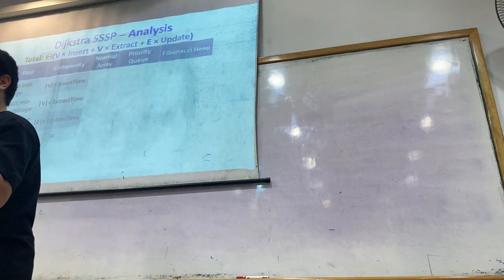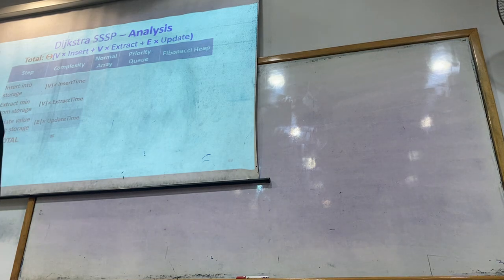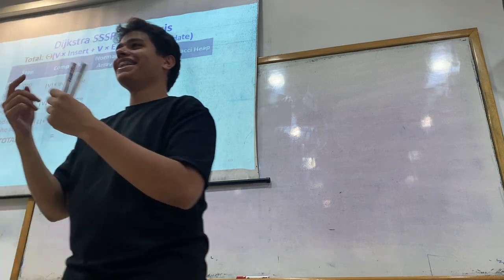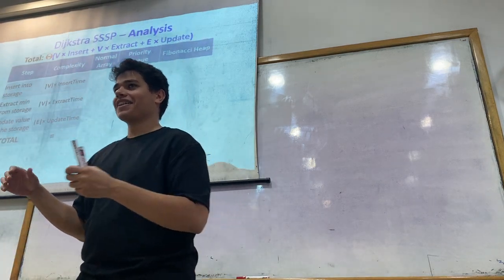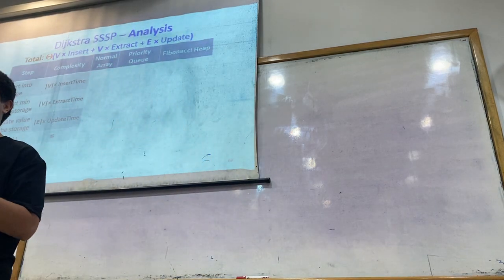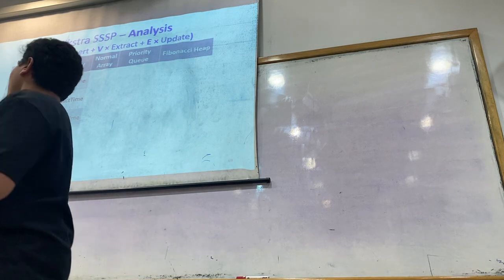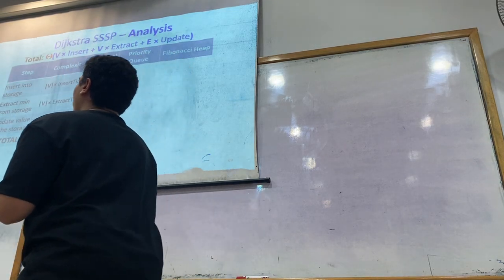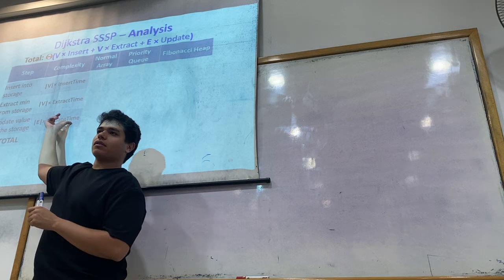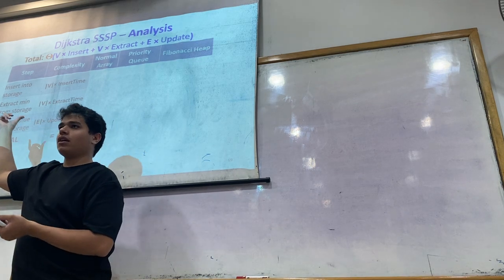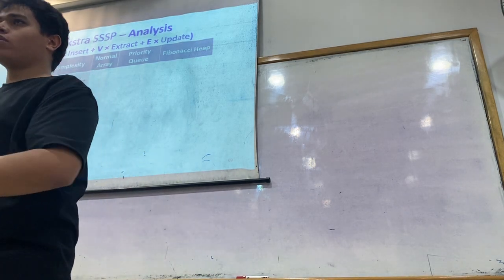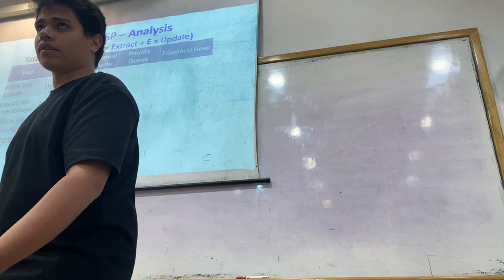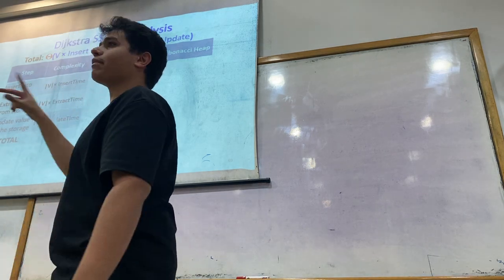You have a question? Did you get it? What about the update? How to update in an array? A of something equals something also, exactly like the insertion. So it's order 1.